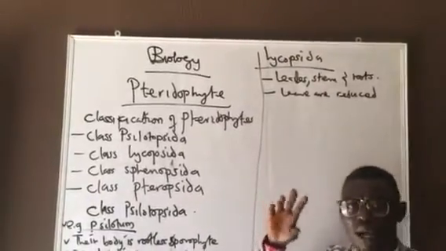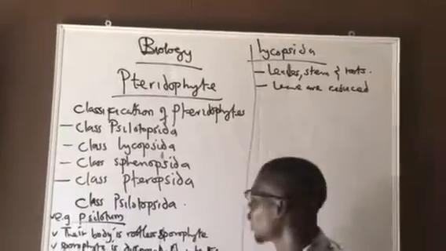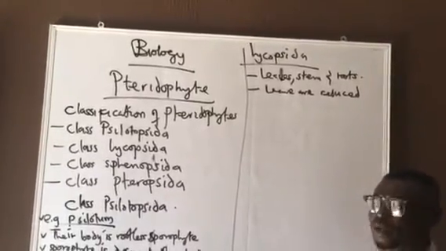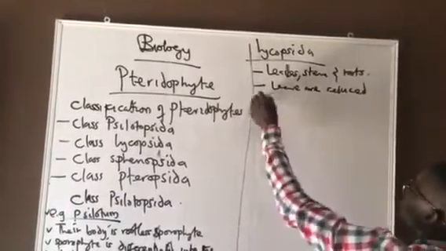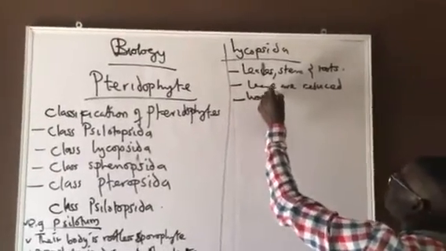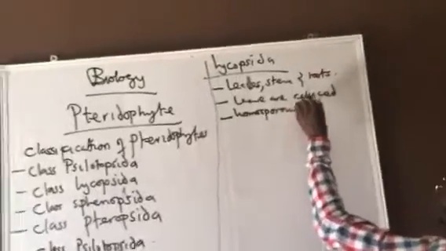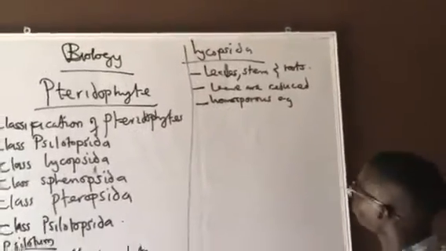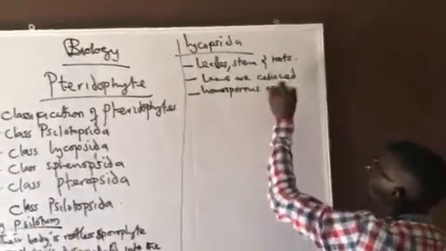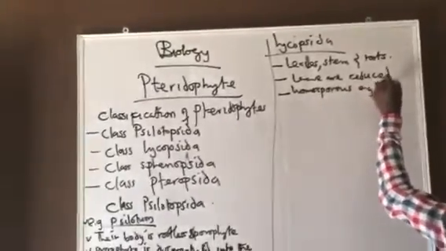Under Lycopsida, we have some that are homosporous and we have some that are heterosporous. We have homosporous, for example, Lycopodium.